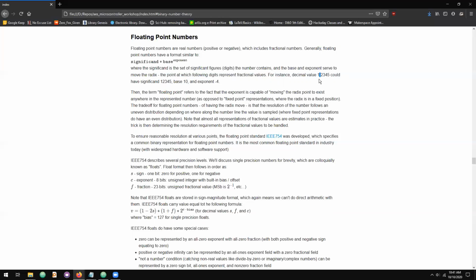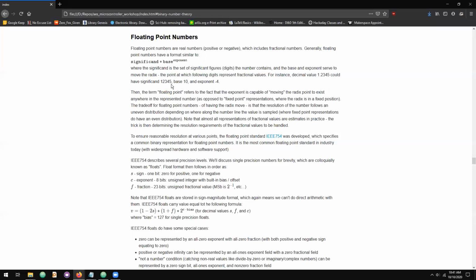And that radix point is the inflection where you get, again, all positive or negative integers above it and all fractional values below it. So in this system, we could represent the number in base 10 with an exponent of -4. So we take the significand, assuming it's all whole number integers.